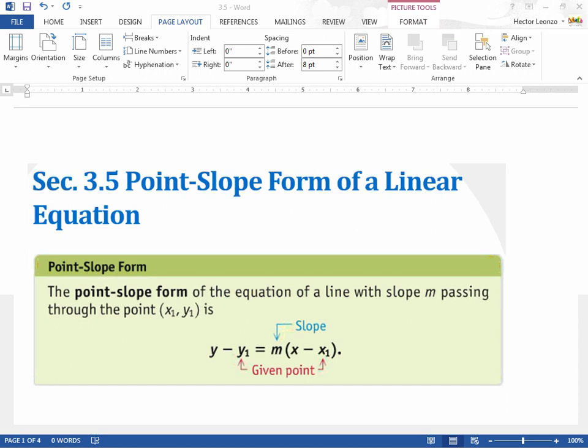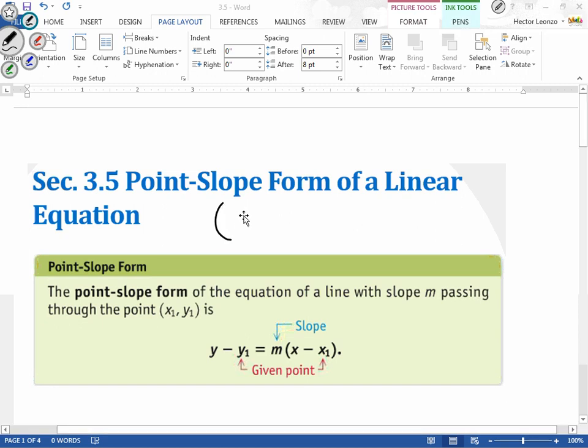Now for section 3.5, we're going to be looking at how to graph a line or how to write the equation of a line given any point, not necessarily the y-intercept, just any point and the slope. So given a point, we're given an x and a y value. I'm going to call this x1, y1.